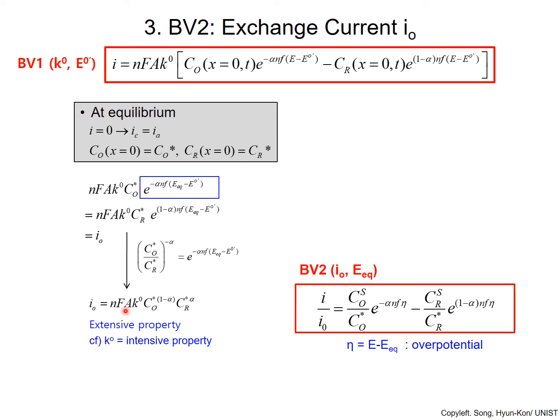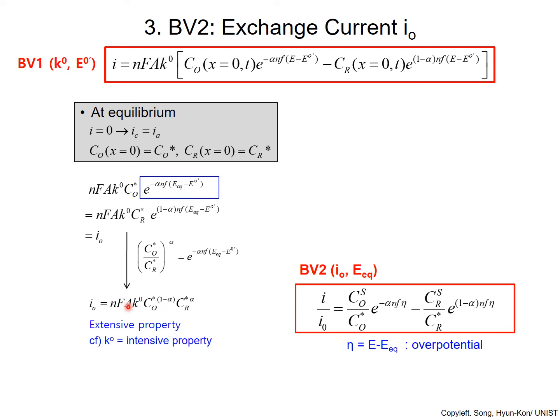Also, the exchange current depends on the bulk concentration of oxidized species and reduced species you have introduced into the system. So, the size of your system, depending on the concentration and the electrode area, would determine the intensity of the exchange current. However, k0 is an intensive property, which is independent of concentration or electrode area.